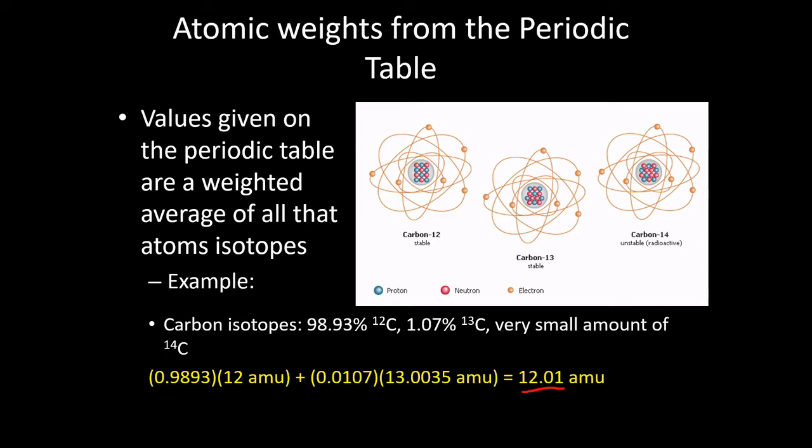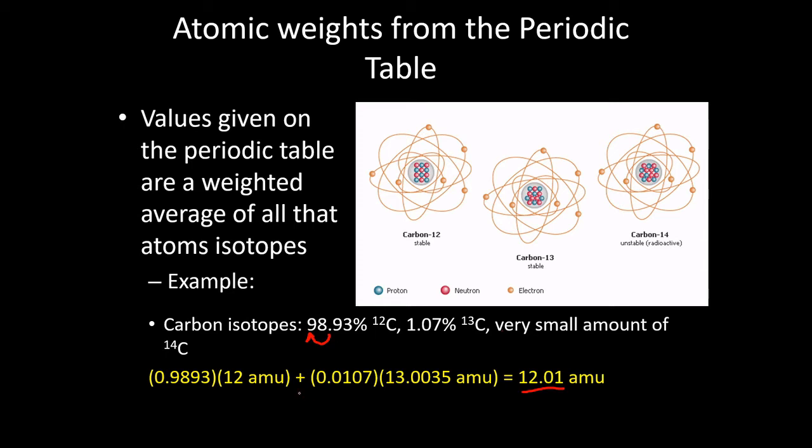So the way that we calculate this is by taking the percent abundance of each different isotope, converting that percentage into a decimal, which is just to say that we move the decimal point over 2 spaces, and we multiply those relative abundances by the individual masses of the different isotopes.